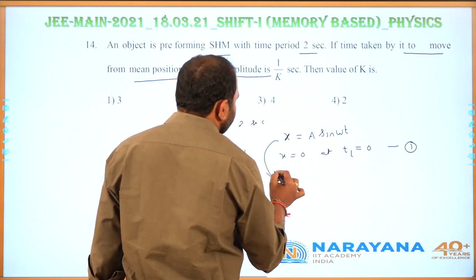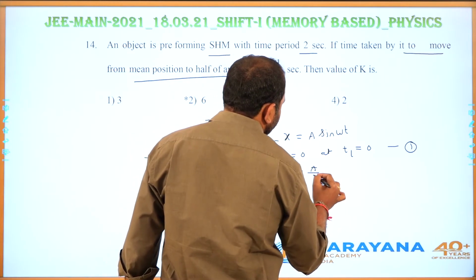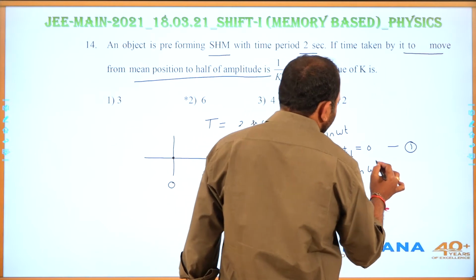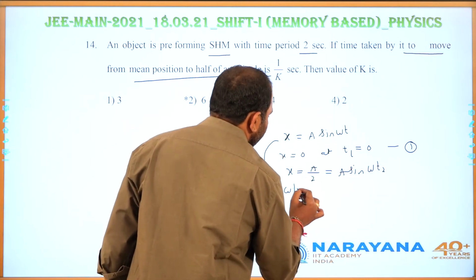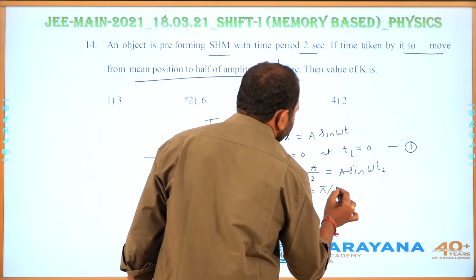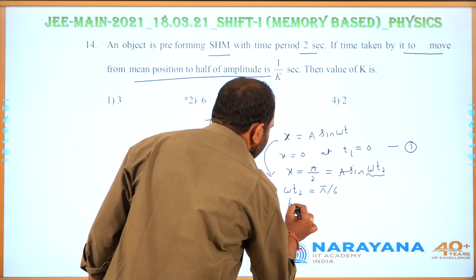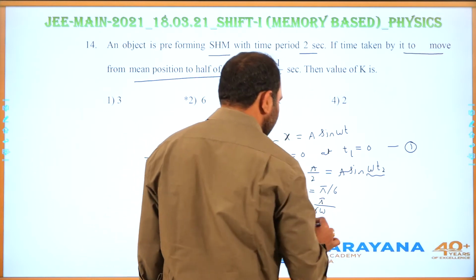Similarly, x equals a by 2 at t equals t2. A by 2 equals a sine omega t2. From this it is clear omega t2 equals pi by 6 because it is 30 degrees. Now the value of t2 equals pi by 6 times omega.